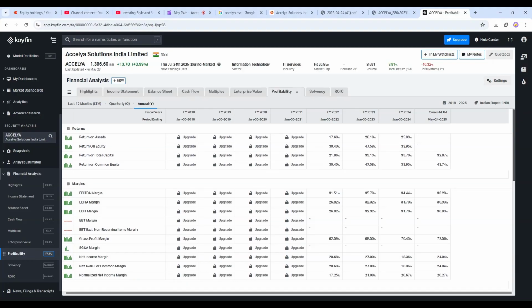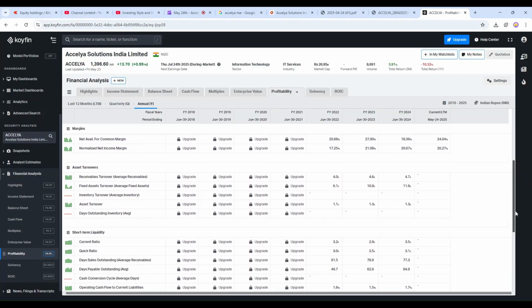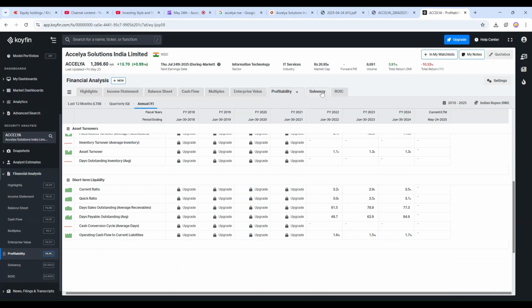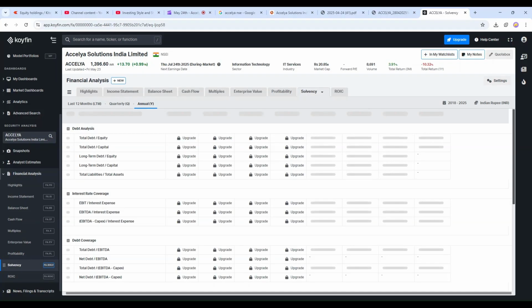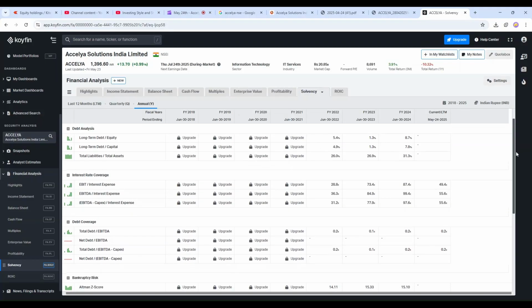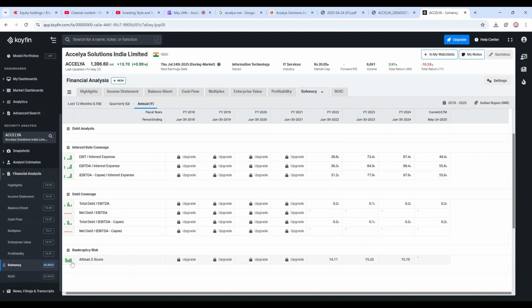Return on assets, return on equity, it's all high. Solvency, yeah, it is very high.